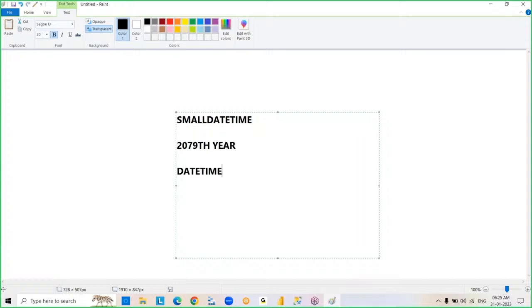But in the same way, we have some other data type, datetime also. In the datetime data type, we can store data up to the 9999th year. So this is the maximum limit for datetime. But remember, if you're going for smalldatetime or datetime, you can store date value and time value also.